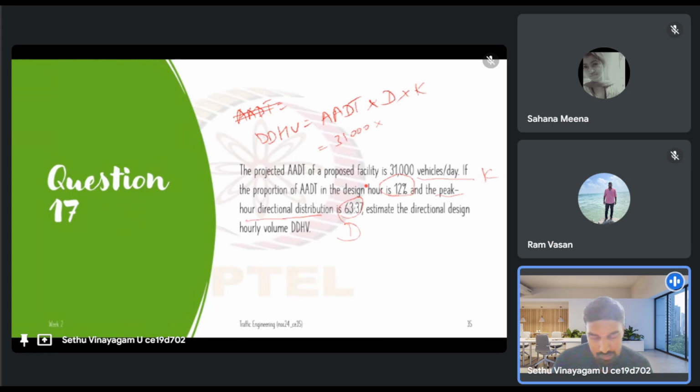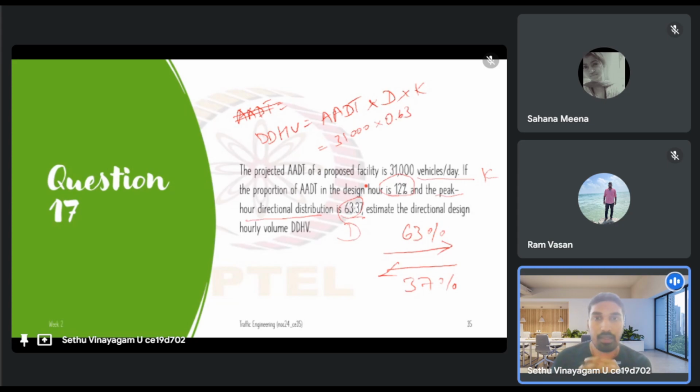It is given as 63 is to 37, which means that in the peak hour, 63% of the vehicles will go in one direction and 37% in the other direction. So the peak direction carries 63% of the total volume, which means our D is 0.63.